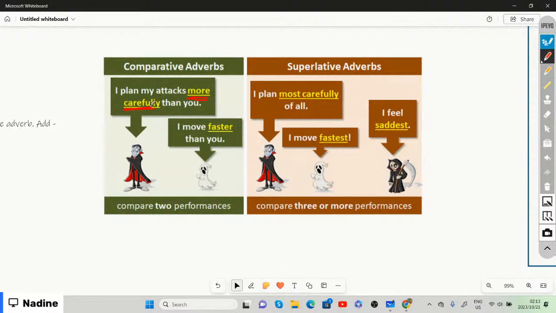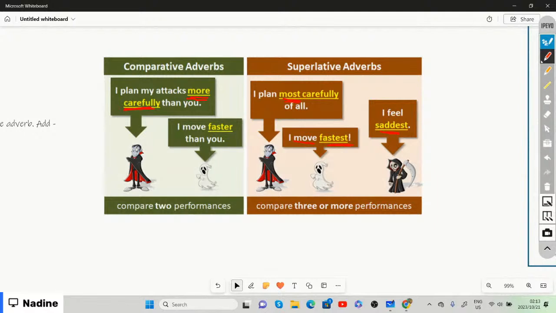We don't say carefullyer. And for the superlative adverb, if it has more than one syllable, we say most carefully. We don't say carefullyest. But with one syllable, for example, we just say fastest or saddest for our superlative adverbs.